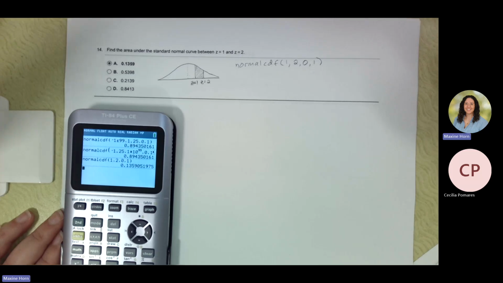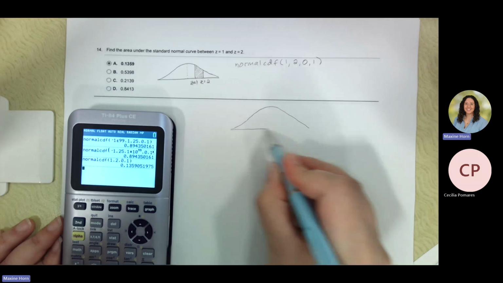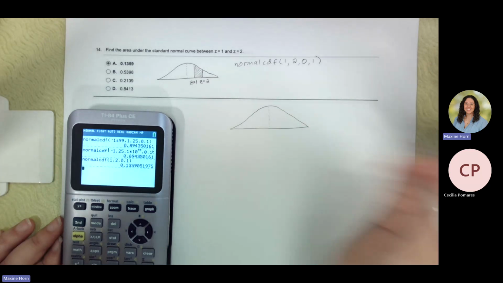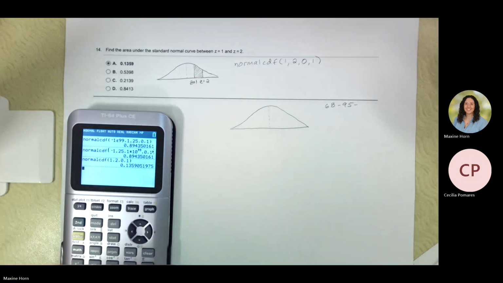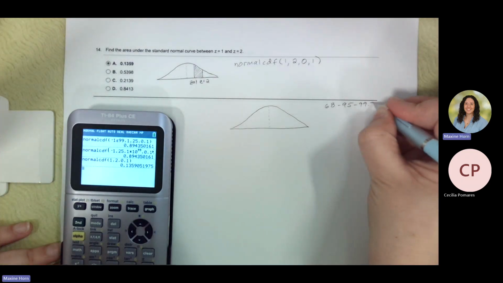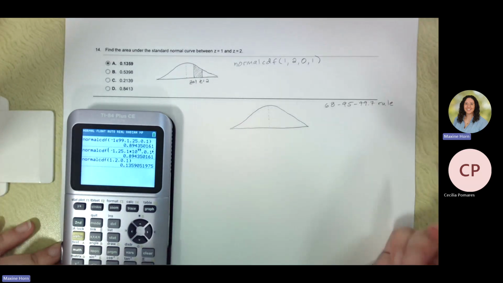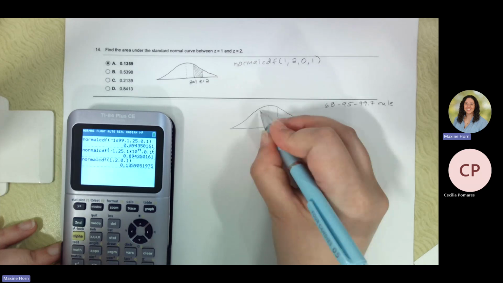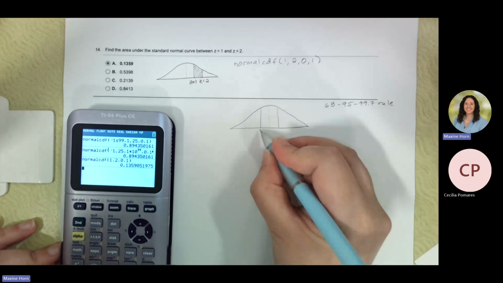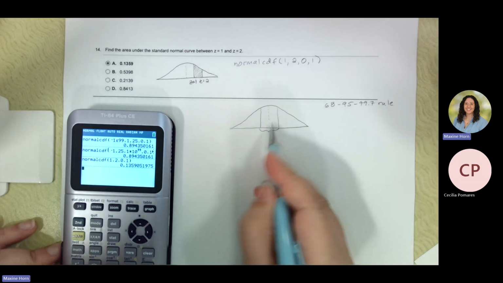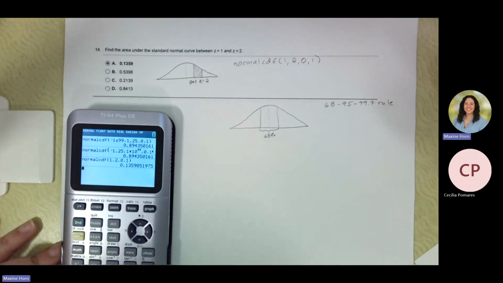So another way that you could do this is to remember the 68, 95, 99.7 rule, which says that if you have a standard normal distribution and you go one standard deviation out, which would be z-scores of 1 and -1, the area between those contains 68% of the area.